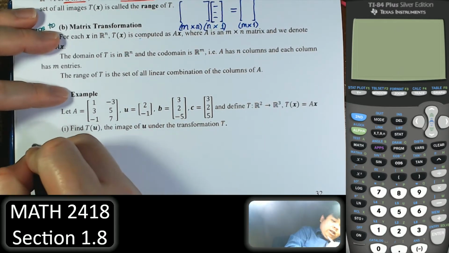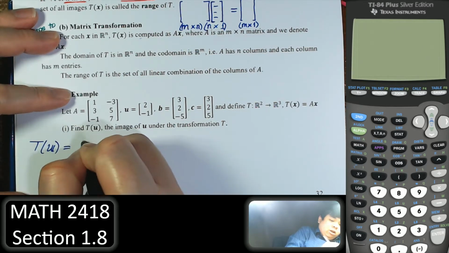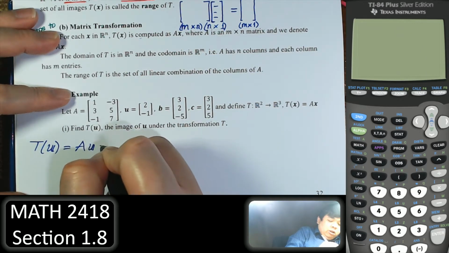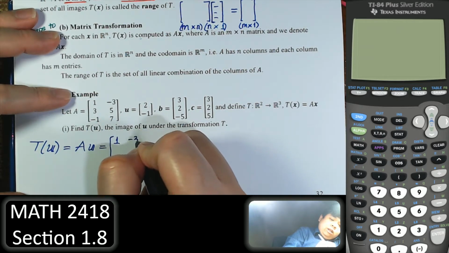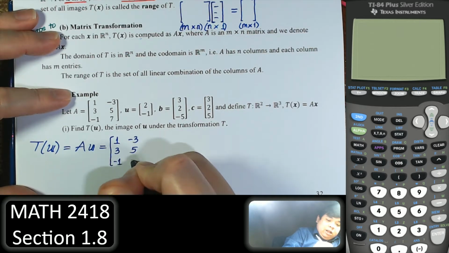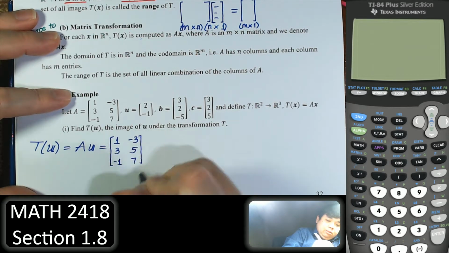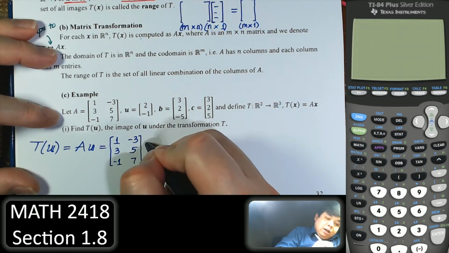T of u, the transformation of vector u, is equal to A times vector u, where A is the matrix with rows 1, negative 3; 3, 5; negative 1, 7, times u, which is 2 and negative 1.